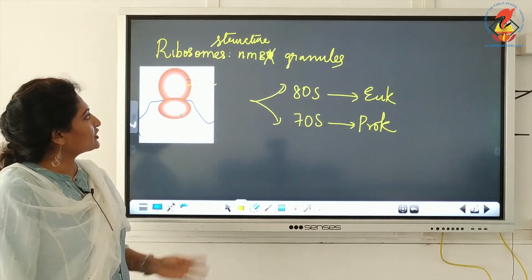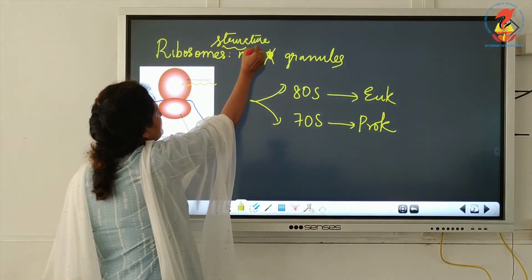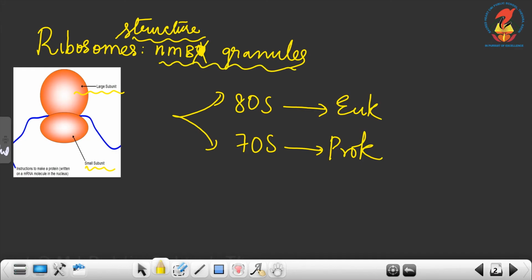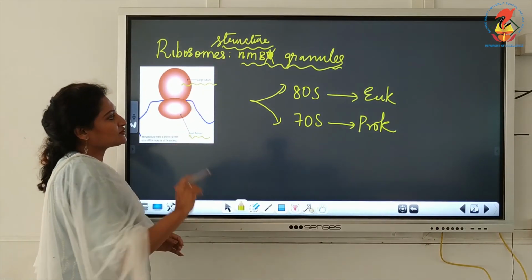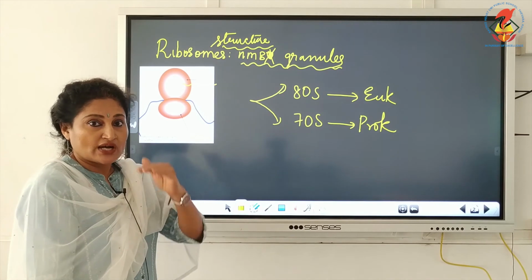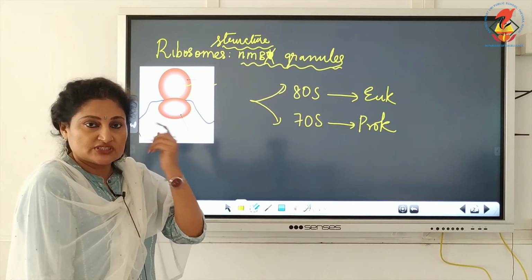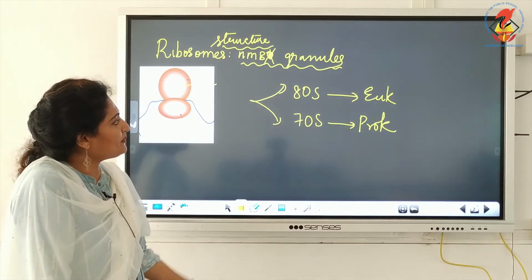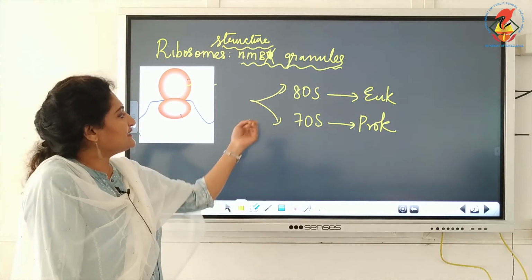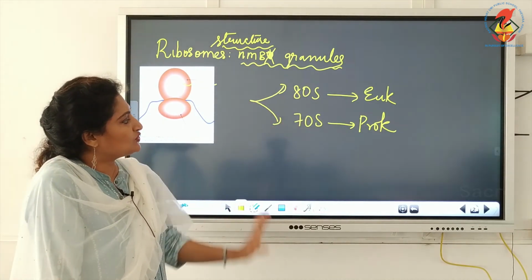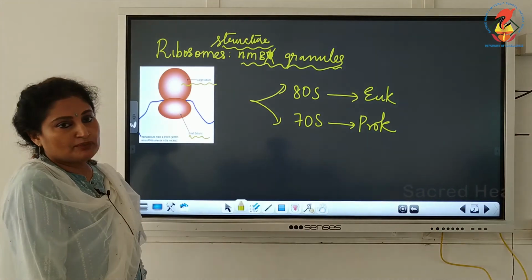So once again, talking about the structure of ribosomes. Ribosomes are non-membrane bound granules. We have two subunits, namely the large subunit and the small subunit, though you can't see that bifurcated version, you see it granular under the electron microscope. There are two types of ribosomes, 80S and 70S. 80S is found in eukaryotes and 70S is found in prokaryotes.